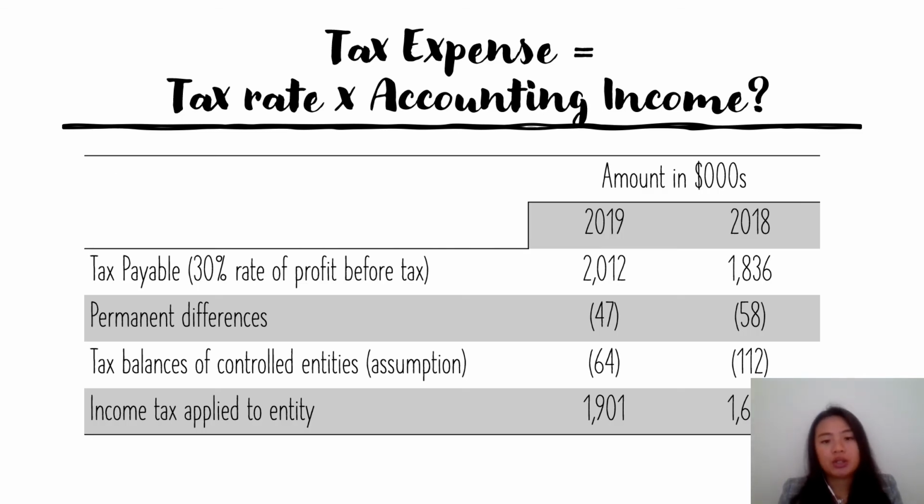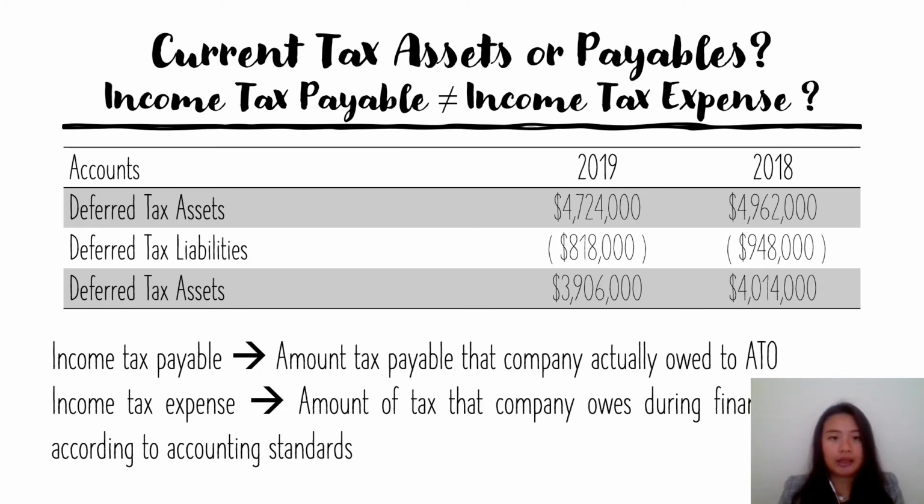So the adjustment itself is due to permanent differences and tax balances of controlled entities. But after those adjustments, it results exactly in the income tax expense reported by Academies Australasia, which is 1.901 and 1.666. And are there any current tax assets or payables accounts in the company?